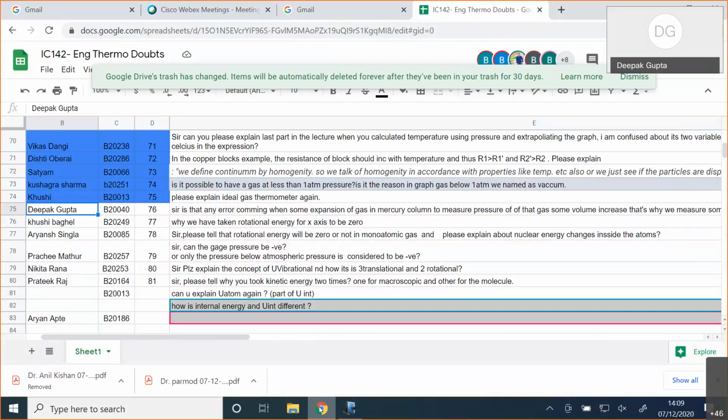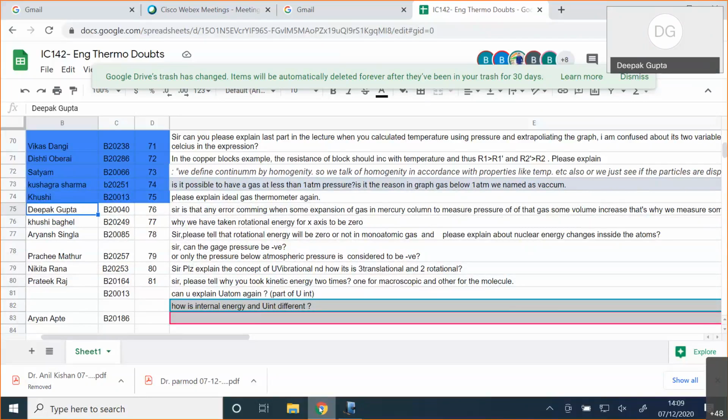Sir, before that you have explained, my question is: suppose a container has some gas at some pressure, and then we use a mercury tube to measure this pressure from the difference in height of the mercury column.